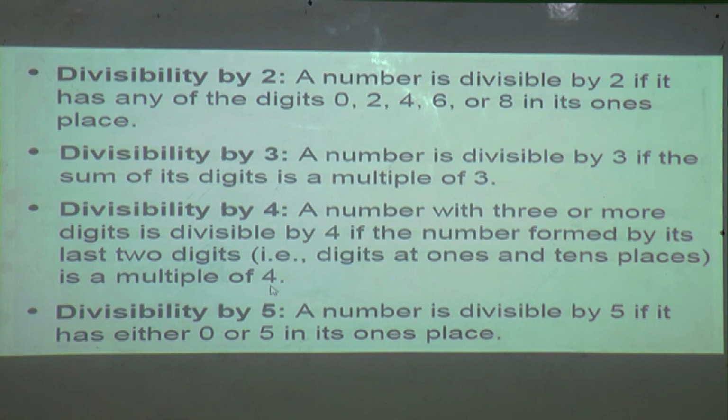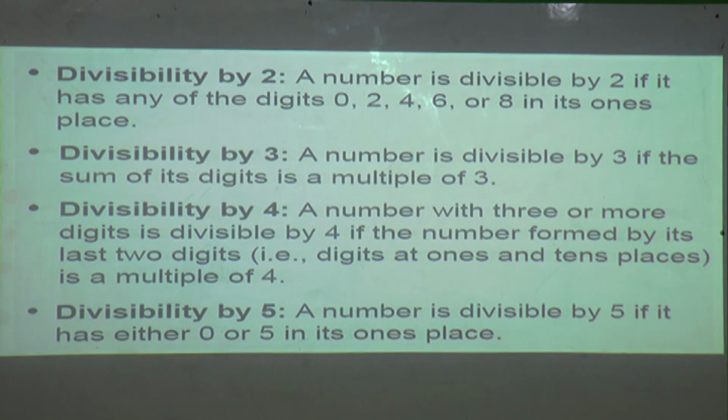For example, we have the number 436. In ones place and tens place we have 36. So 36 is a multiple of 4. So if the last 2 digits form a multiple of 4, then the number is divisible by 4.